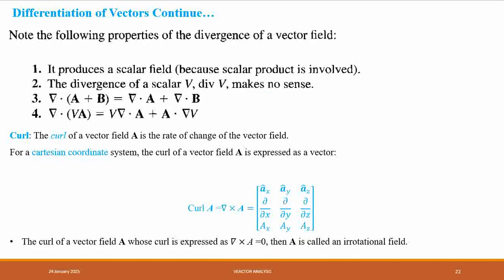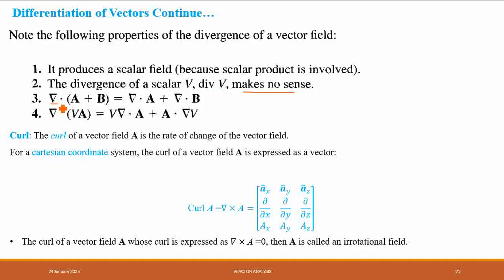Now, some important points we have to note about the divergence of a vector field. It produces a scalar field because a scalar product is involved. The divergence of a scalar is this one, given by using the gradient only.